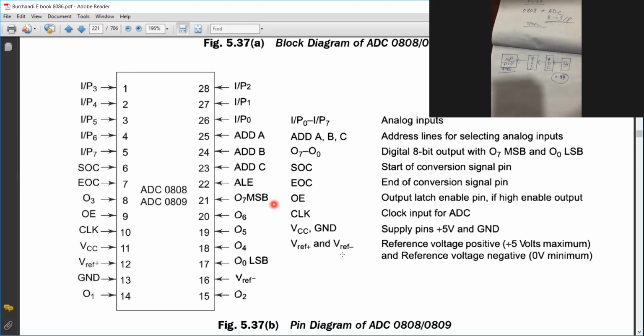Say a temperature sensor. Some sensor will give 0 to 99 degree temperature. No, sir. So what will be the output? Tell me, try. It may be wrong, it may be right, no issues.